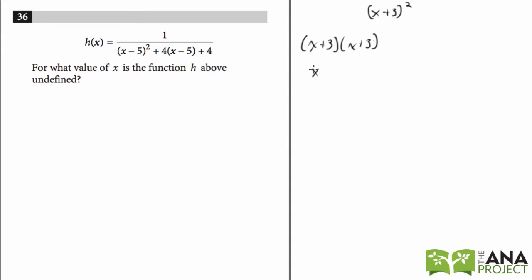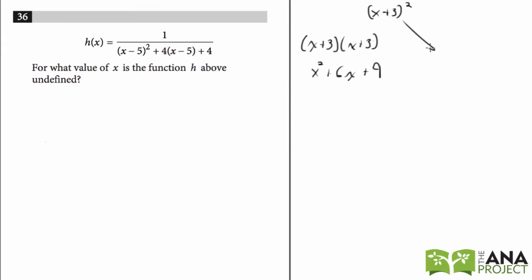and by using FOIL, we would get x squared, which would be the first term. Outside and inside would be plus 3x, which would be plus 6x, plus 9.